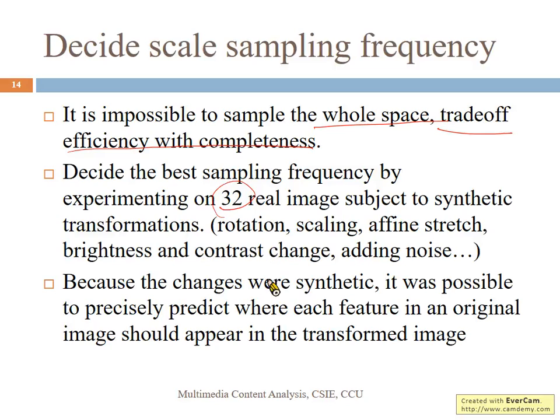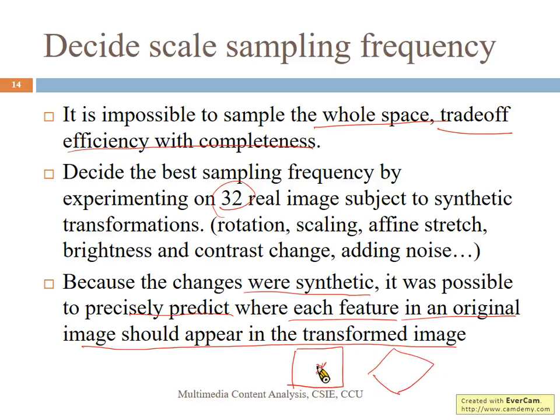Because these changes were synthetic, it's possible to precisely predict where each feature in an original image should appear in the transformed image, because they do the synthesis artificially. For example, if there is a feature point here in an image, and then we do rotation, this feature point may correspond to around here.